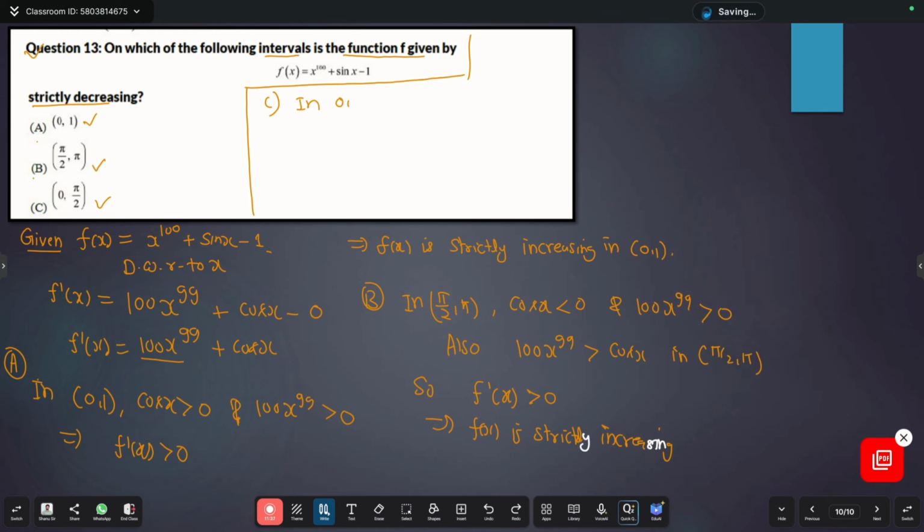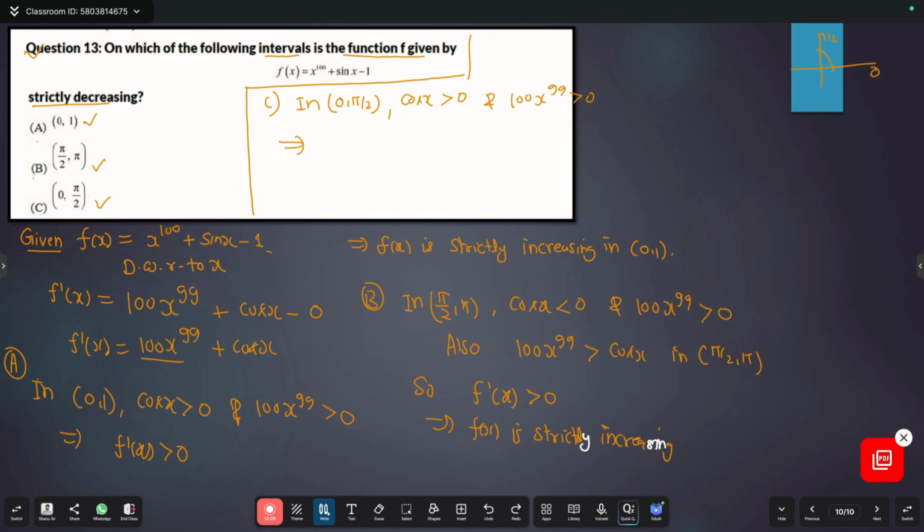In 0 to pi by 2, this is the first quadrant. This is 0, this is pi by 2. In the first quadrant, cos x is positive, and 100 x power 99 is also positive.